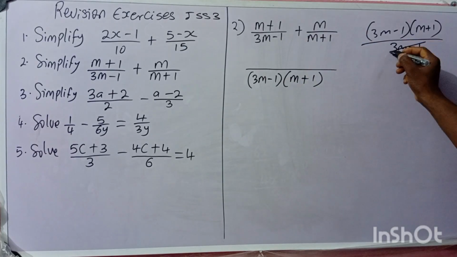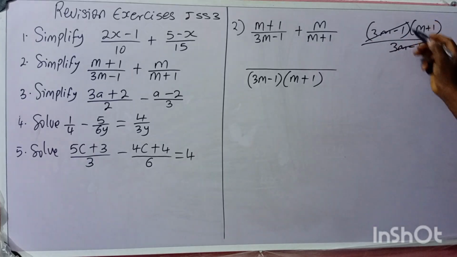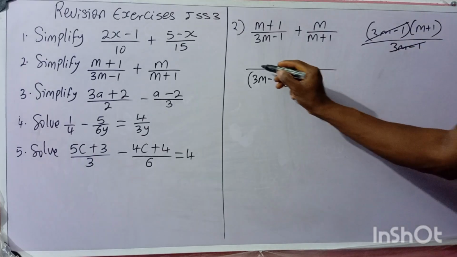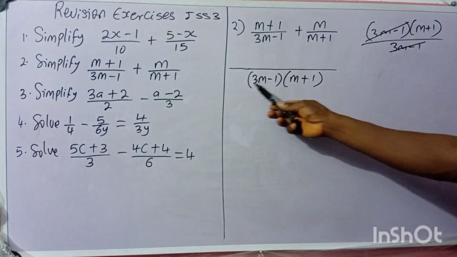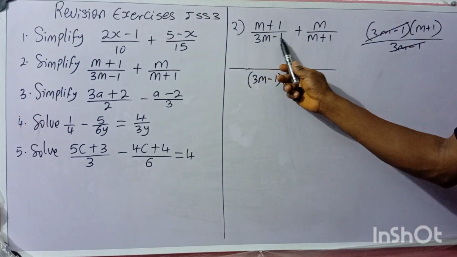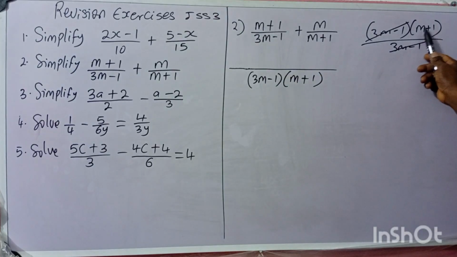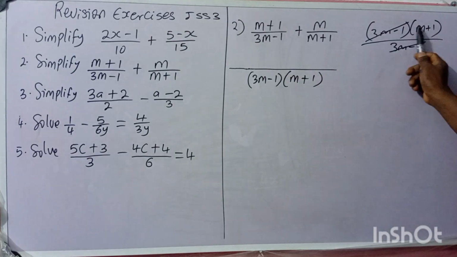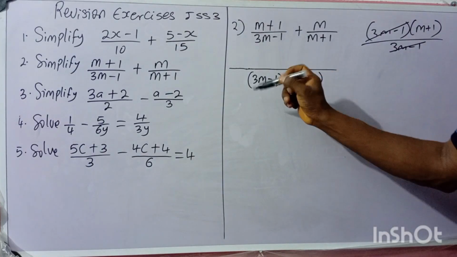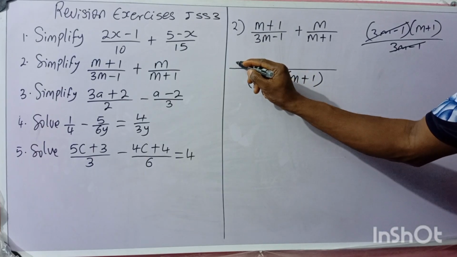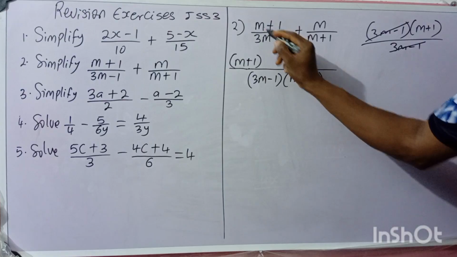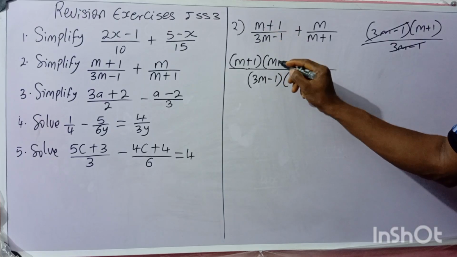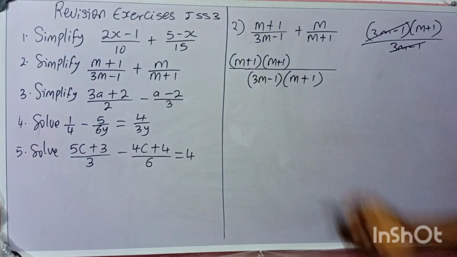The 3m minus 1 cancels, and what are you left with? m plus 1. So just like the way we did the previous one, the LCM divided by 3m minus 1 leaves us with m plus 1. So m plus 1 times m plus 1. We put both of them in brackets, that will be (m plus 1)(m plus 1). That's how you group it.